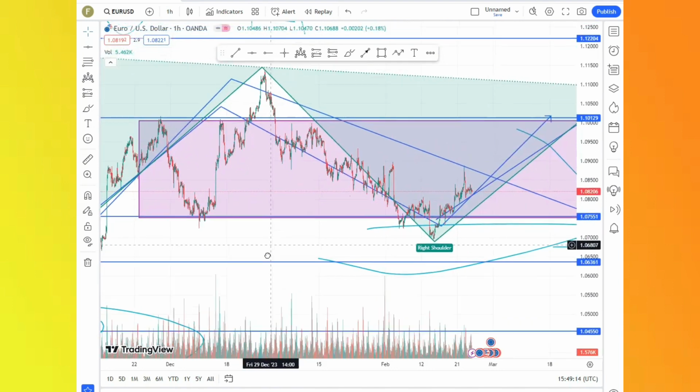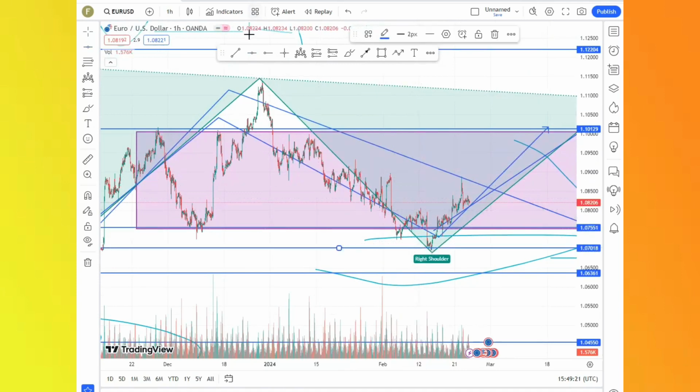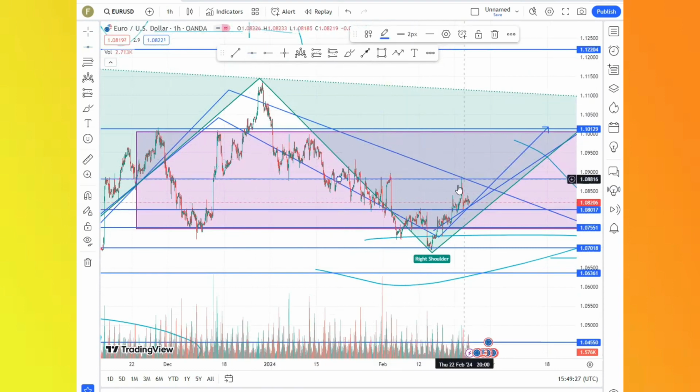Okay, so looking at our entry points, we also have to highlight our levels which we have, which is our first level, third level, fourth level. So these are our levels, guys.